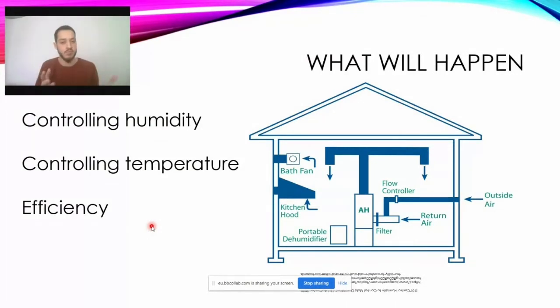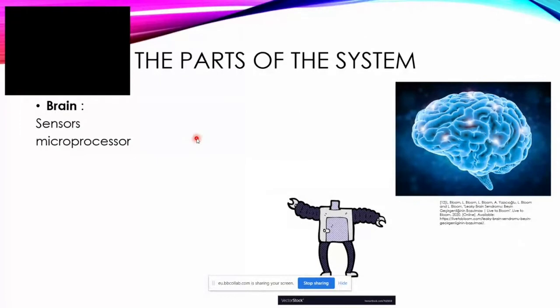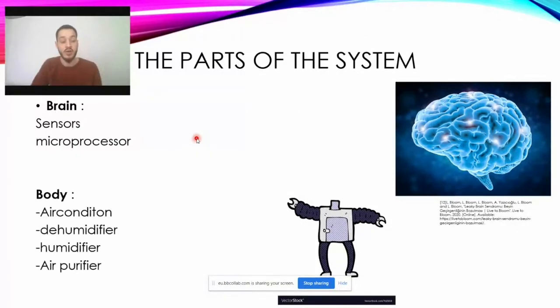Any household can have an air conditioner. Some households have humidity controlling devices, and some even have air purifiers, which make the air cleaner and healthier. So our device will have two parts, and our new idea, the idea that my team and I invented, is the brain.